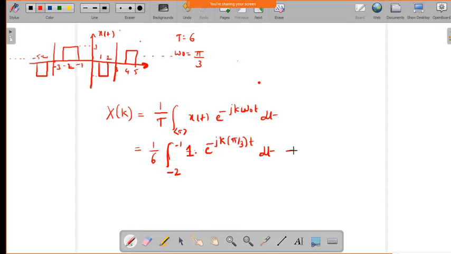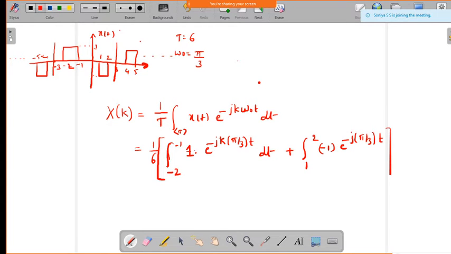Okay, plus the integral from 1 to 2, where the value is -1, and we will get e power minus jk pi by 3 into t. Okay, so this is the signal we need to find out. So now find out the integral.